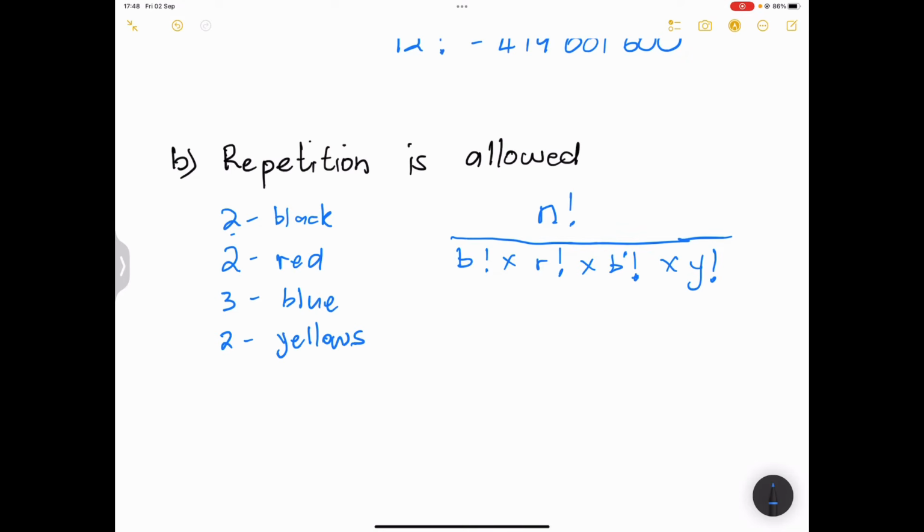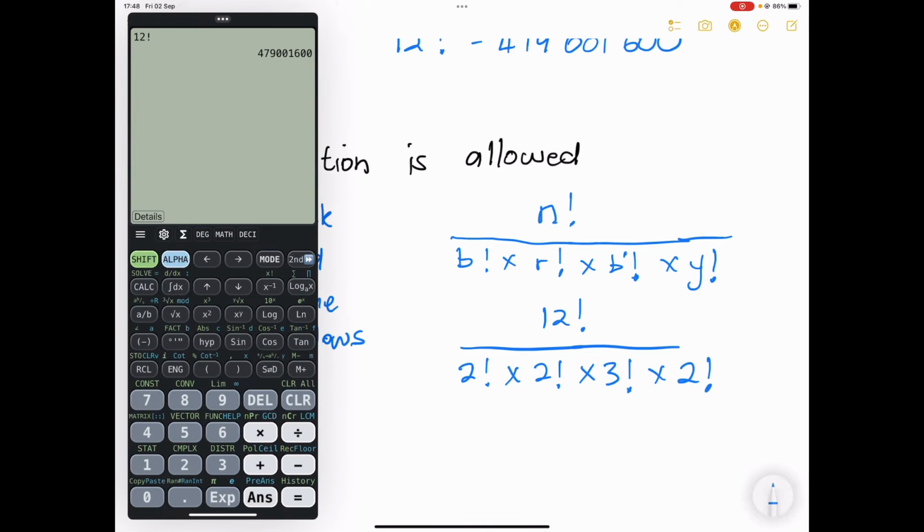That would be the number of possible outcomes. So you've got 12 factorial divided by 2 factorial multiplied by another 2 factorial for the red, multiplied by another 3 factorial for the blue, multiplied by 2 factorial. All right, so you can do that for yourself.